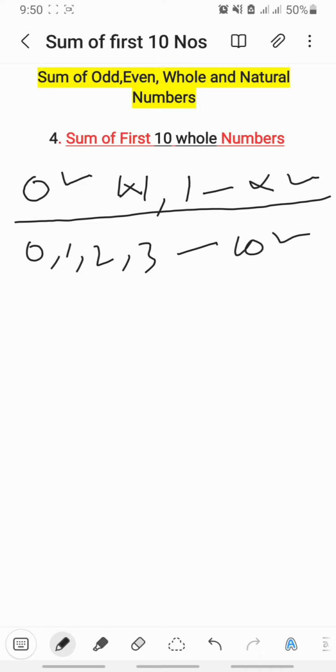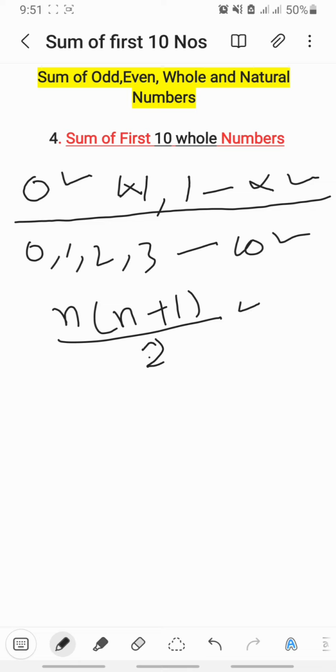We have a shortcut formula for this. The whole numbers here start from 0 to 10, and the shortcut formula is n into n plus 1 divided by 2. By putting values, here n is 10, so 10 into 10 plus 1 divided by 2.